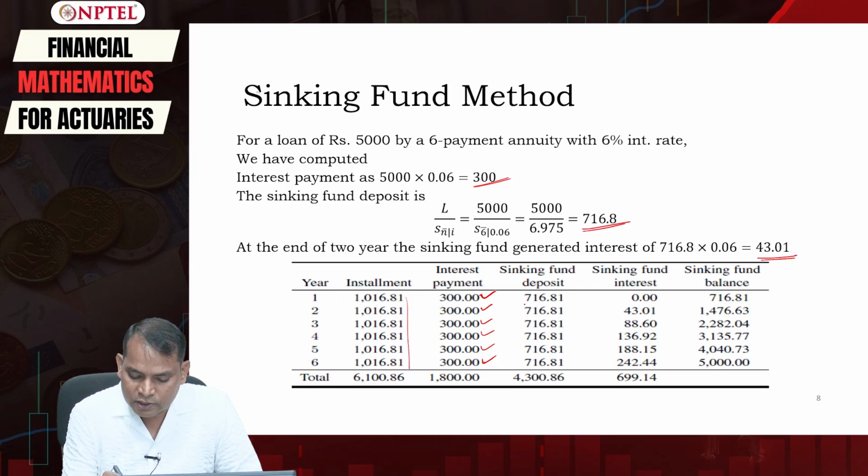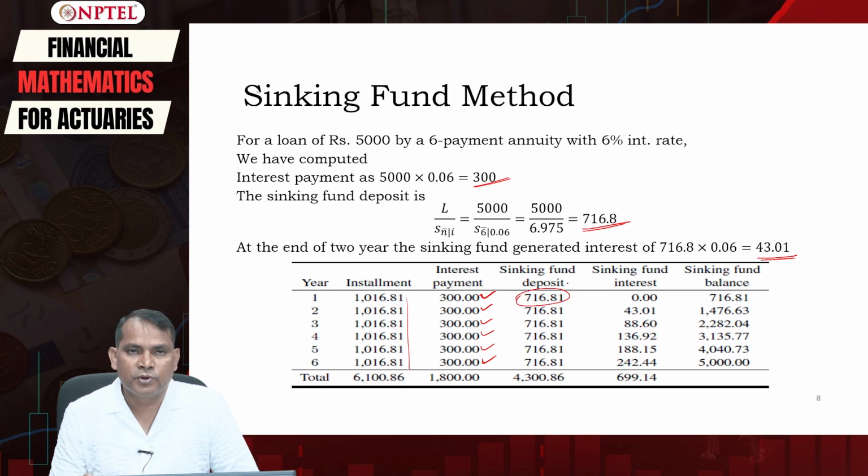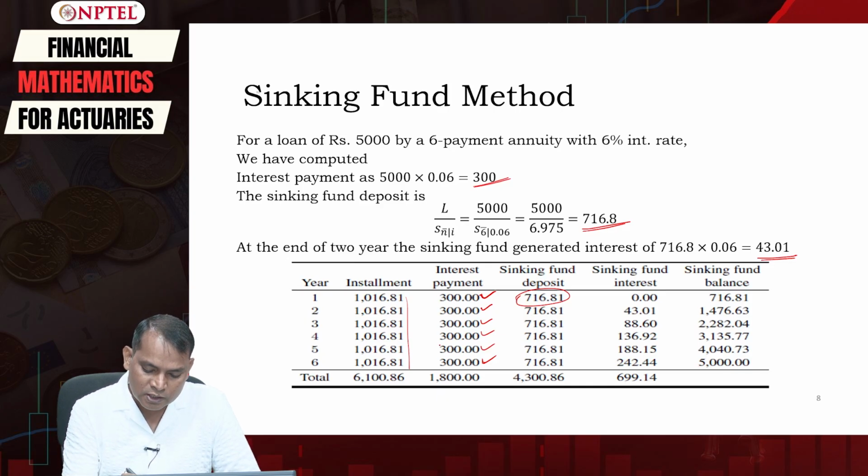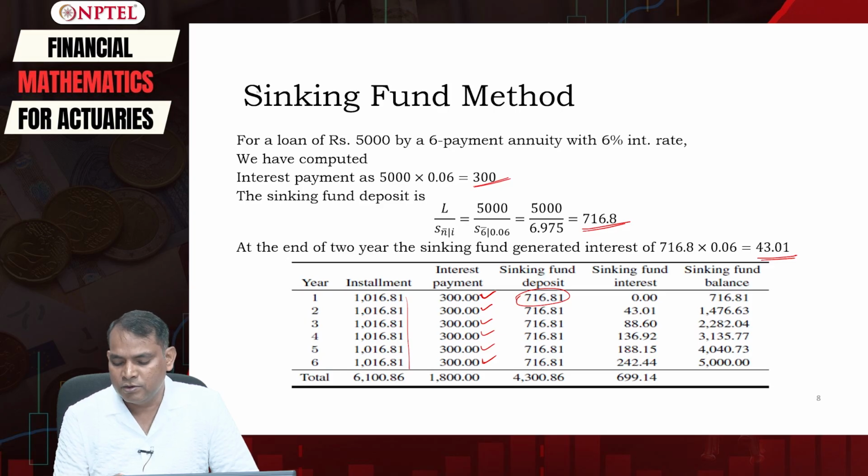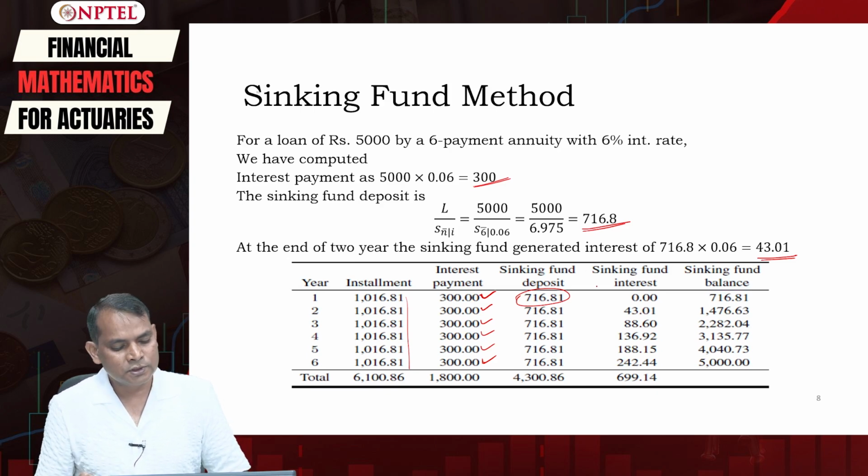So you are regularly paying only the interest amount, but at the end of the 5th or 6th year you have to pay the principal amount, that is 5,000, and therefore you need to deposit some amount into an account which will give us some interest. That is the whole fundamental of the sinking fund.